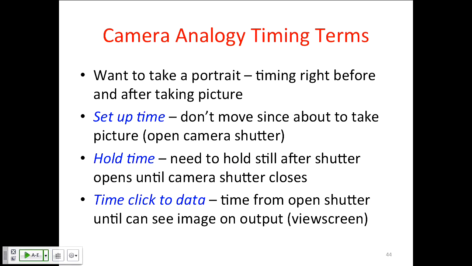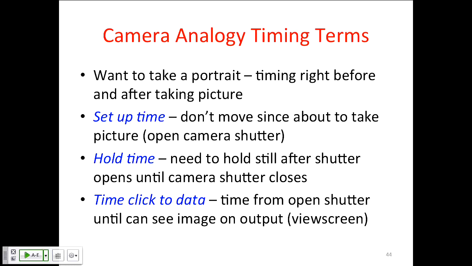This is kind of like taking a picture with a camera. When you take a picture, you want everybody to stay still, especially if you have a reasonable shutter time. So you have what we call a setup time. Nobody move while I'm about to take a photo. While I'm taking the photo, don't move, or you'll blur the photo. Once I'm done with the photo, then you can move again.